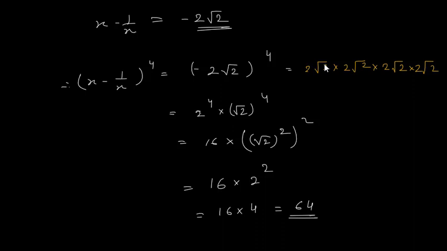It is minus, so it will become plus. So 2, 2, 2, 2, so you will get 16, and then root 2 root 2 will be 2, and then root 2 root 2 will be 2. So 16 into 2 into 2 is equal to 64. Okay. So whatever method you find easy, or if there is any other method your teacher told you, you can use that.